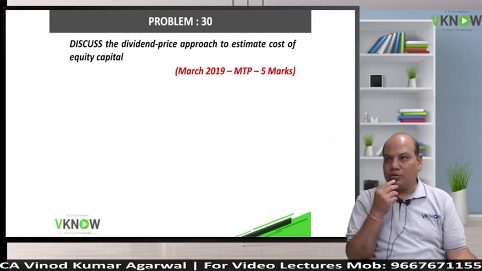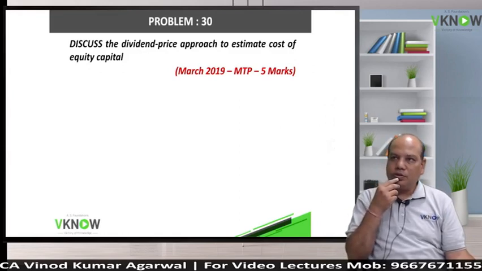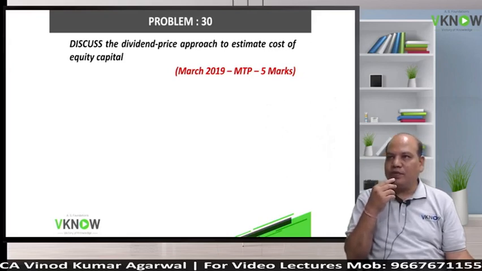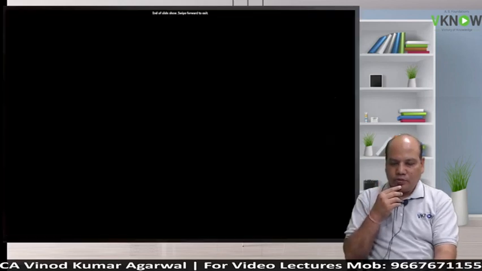Dividend price approach is already printed in our notes, and today I gave you the formula also. If the dividend is expected to remain constant, then it is dividend upon price. If dividend is expected to grow, D1 upon P0 plus G. This approach assumes that the price of the share is the present value of future dividends. Is it right? You understood now?